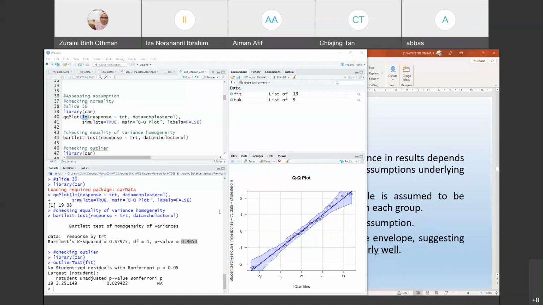Okay, then here, with library car, we want to know the outliers for this data. We use the outlierTest function and call fit again.